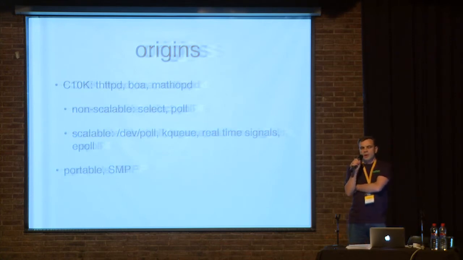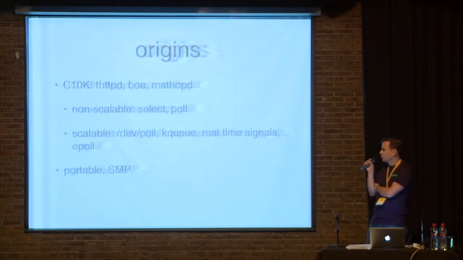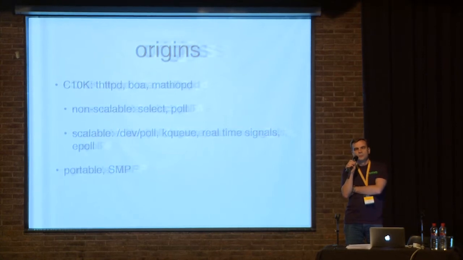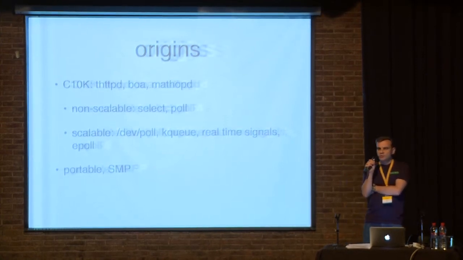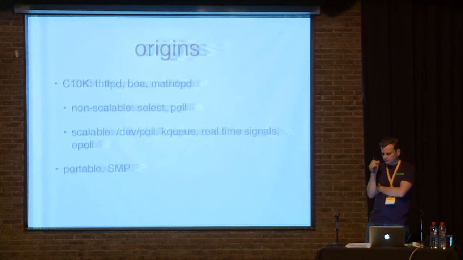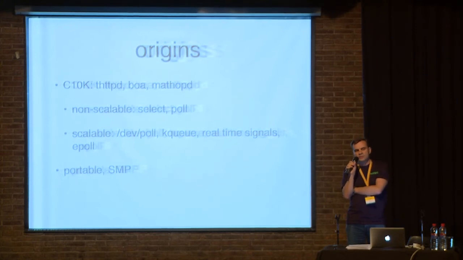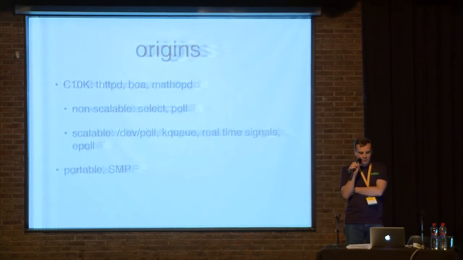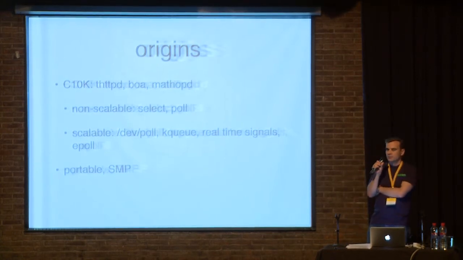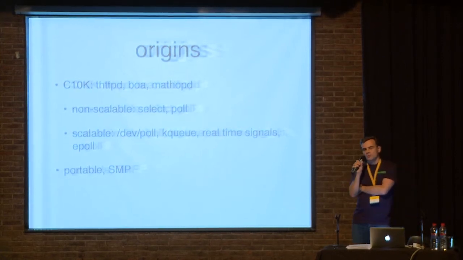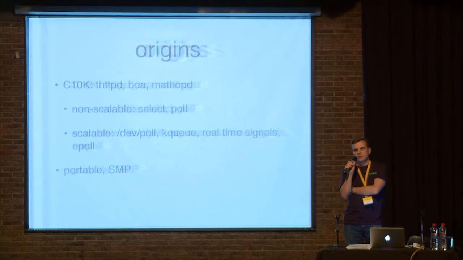The first problem I had to investigate was the C10K problem, that is, how to handle 10,000 connections on a single server. The open source servers of the time used select and poll methods. They could handle about 100 connections. However, these methods weren't scalable to 2,000 connections.